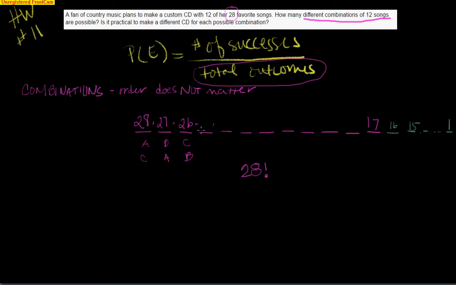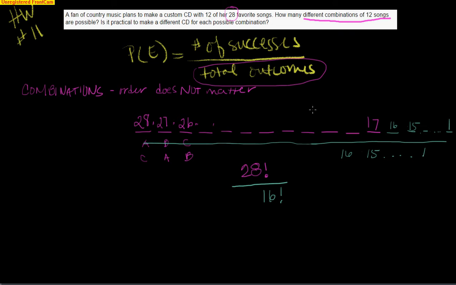And that's what the 28 factorial would give us. However, what if we were to divide through by this 16 factorial? What would happen is we'd have 16 times 15 all the way down to 1, and all this would cancel out with all of this. And look what's left, just what you want. So that's already an easier way to type it into our calculator, 28 factorial divided by 16 factorial.